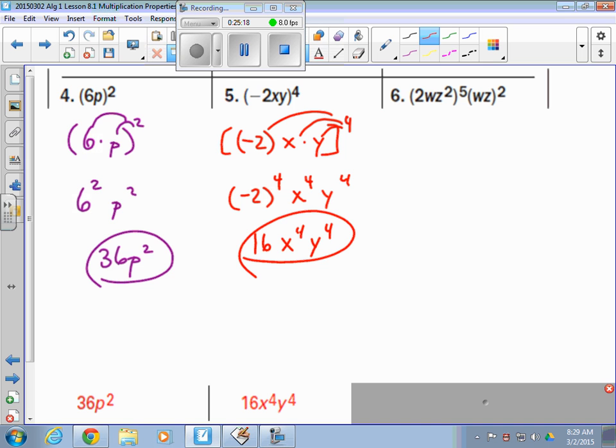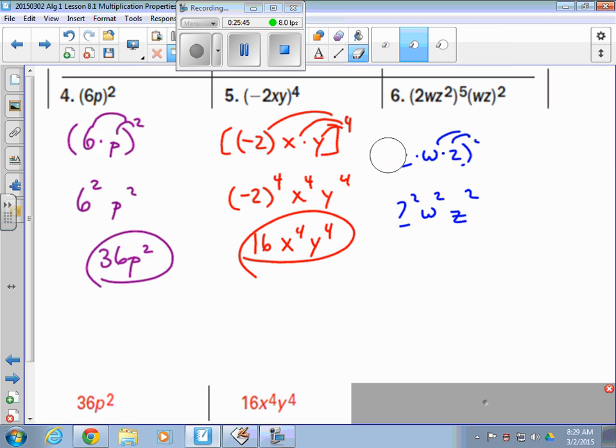And then the last one, you're putting it all together. 2wz squared to the fifth times wz squared. So you're going to do this one. You're going to make sure 2 is separate from w is separate from z, and it's being squared. So make sure everything gets squared. I'm sorry, I made a mistake.